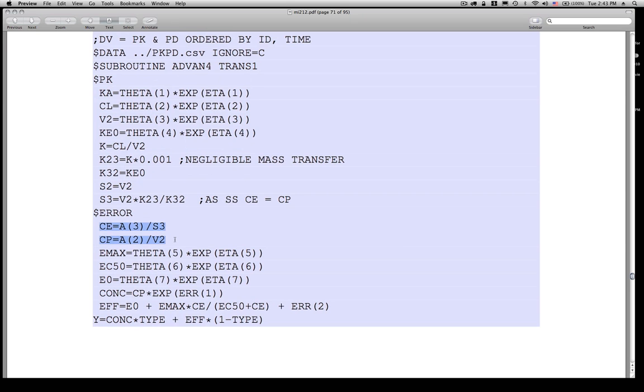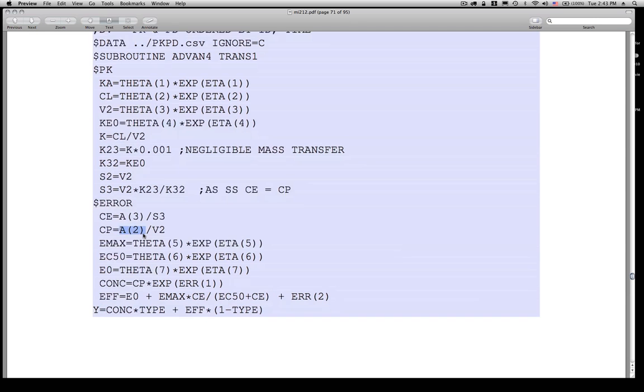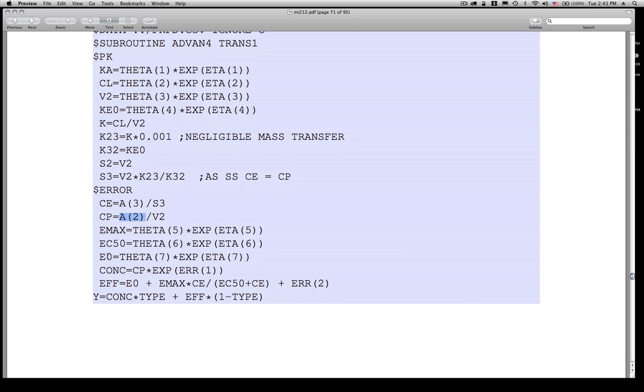Okay, then we're going to specify two different concentrations here, CE and CP, and remember we can pull out the amount in compartment 3, divide it by its scale, and do the same for compartment 2. Emax, EC50, and E0 are all defined as we did before, but now instead of having both of these functions for concentration and effect predicted from the same concentration, we're choosing different concentrations.